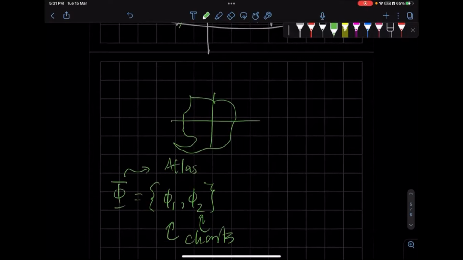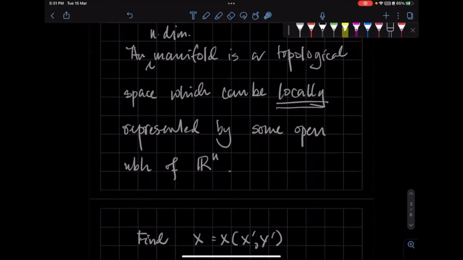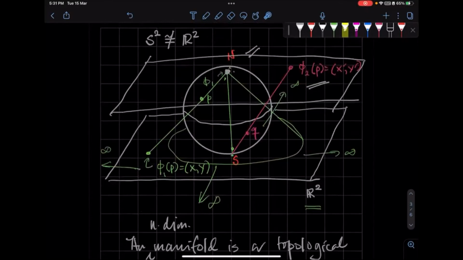A chart is essentially a projection onto some subset of Rn. So here, this is a chart, this plane. The fact that we are mapping every point from the sphere onto this plane, that's a chart.